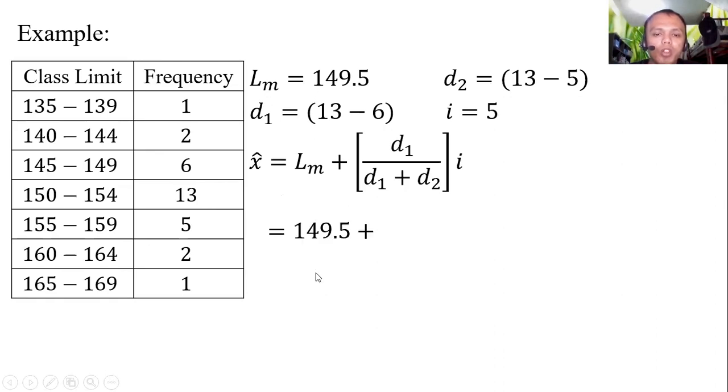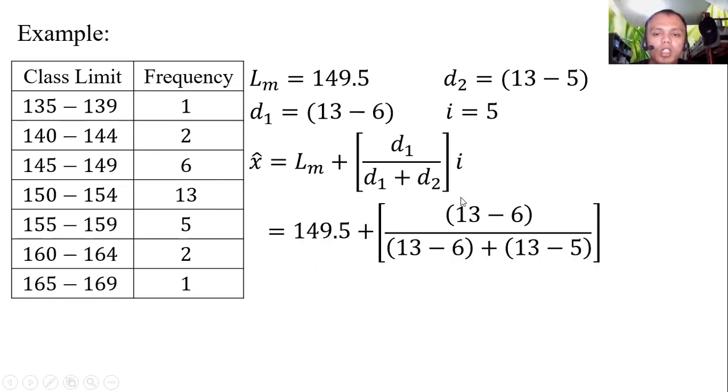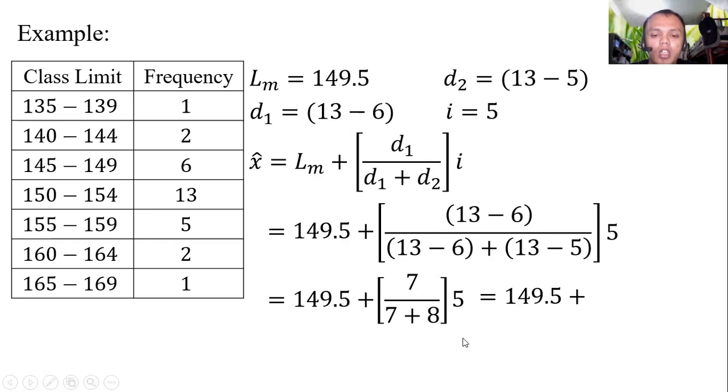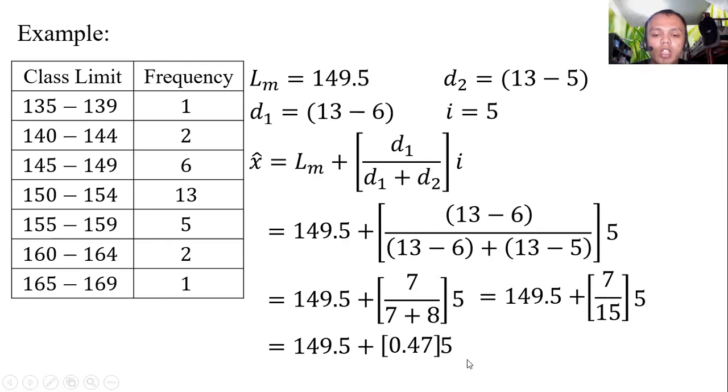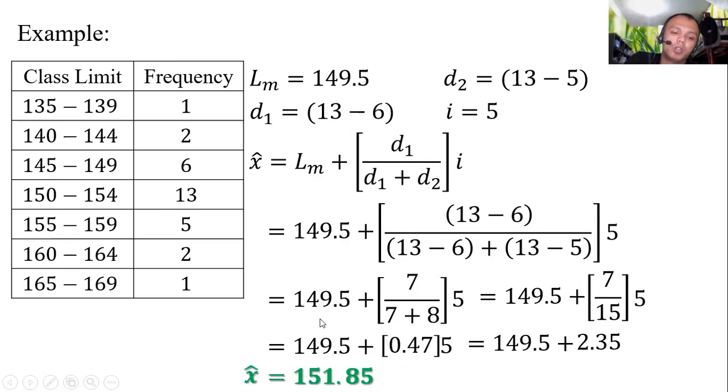Substitute your L sub m to 149.5, plus D sub 1, 13 minus 6, over D sub 1, 13 minus 6, plus D sub 2, 13 minus 5, times your i here, 5. 13 minus 6 is 7, plus 13 minus 5 is 8, times 5. 7 plus 8 is 15. 7 divided by 15 is 0.47, times 5 is equal to 2.35, plus 149.5, that would be equal to 151.85 for your mode.